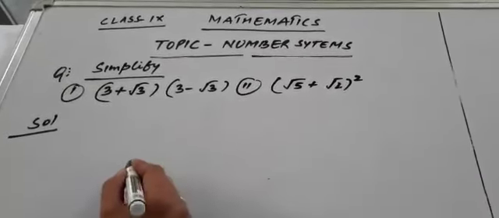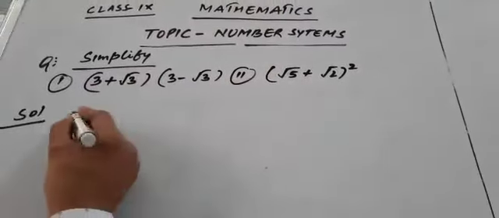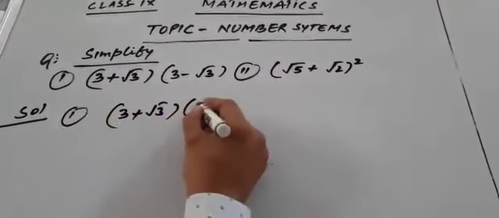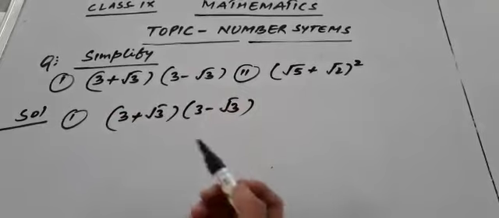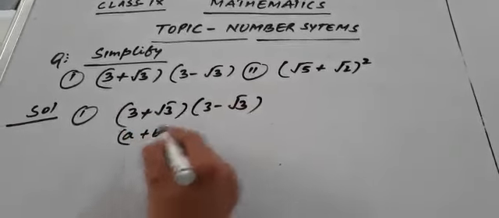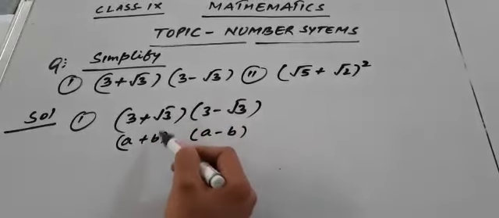Now student, we will solve some questions. Simplify the following. First one is 3 plus root 3 times 3 minus root 3. You can apply two methods here. We are using the identity a plus b times a minus b. Here 3 is a and root 3 is b.